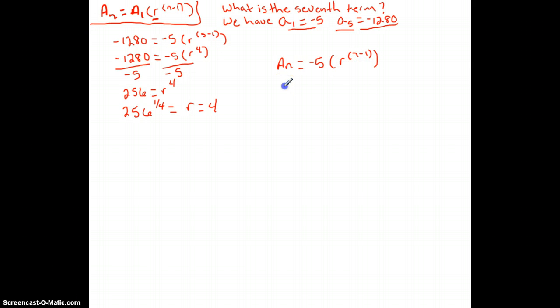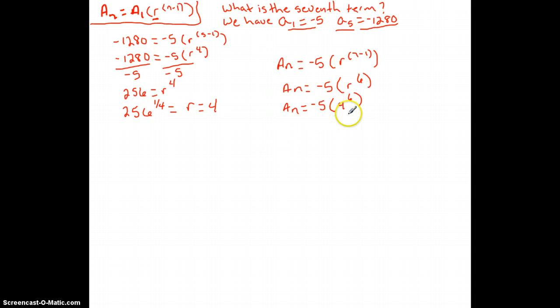So we get an, again simplify, -5 r to the sixth. We know what r is, it's 4, so we get an equals -5 times 4 to the sixth.